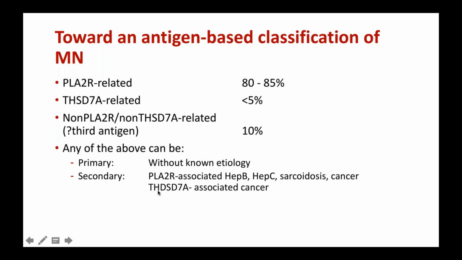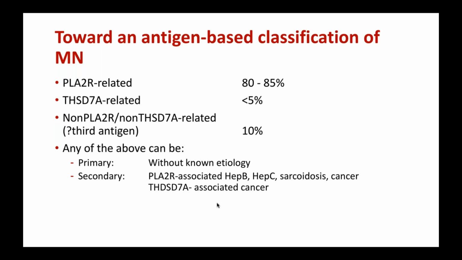In some cases, some patients with cancer and membranous nephropathy have also shown THSD7A antigen as well. So that's really important. So primary is only where you have all these antibodies or no antibody but no etiology. Secondary, you know the etiology, but the antibody may still be present.